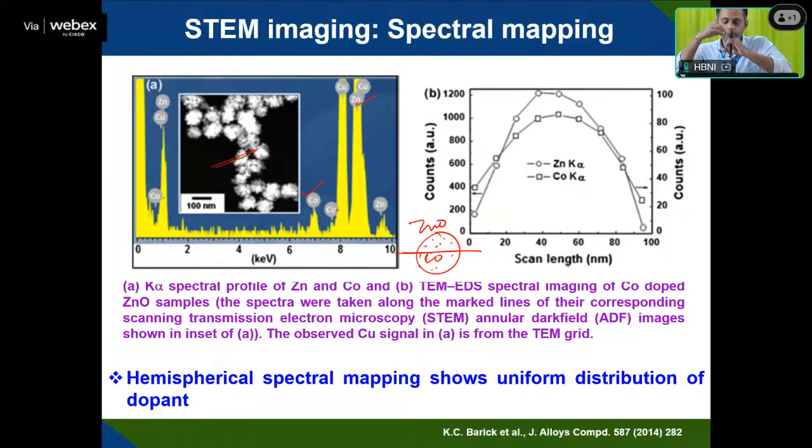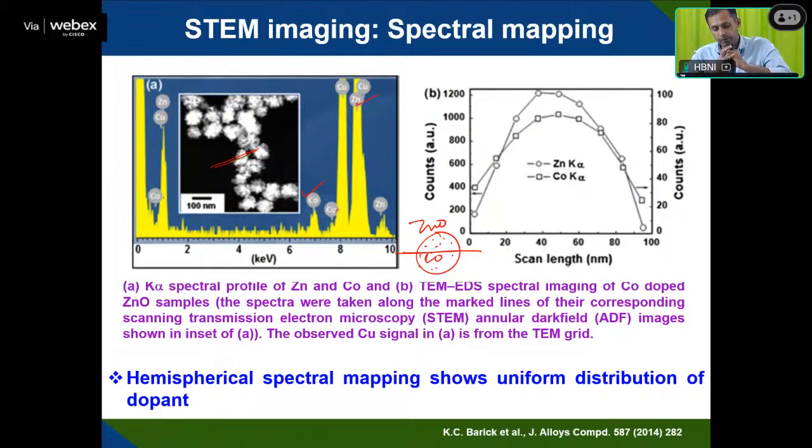What will happen? You will have a much higher interaction time. From the top going to the center, you will get more counts because of the interaction with the electron beam. Then going to the outside again, the cobalt signal will decrease. So in between, the cobalt will be there.